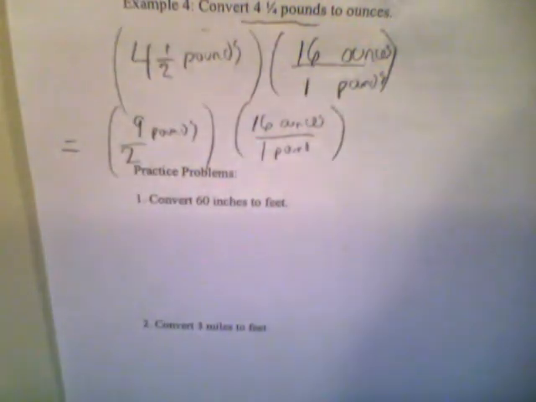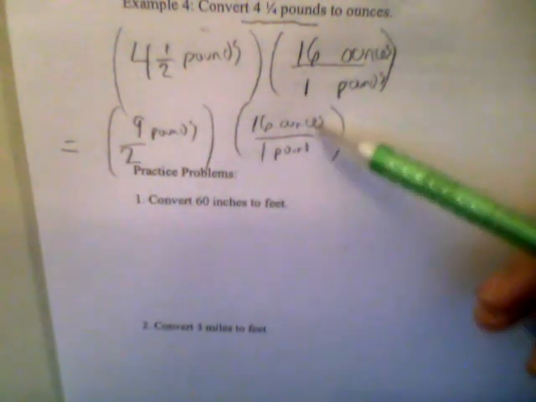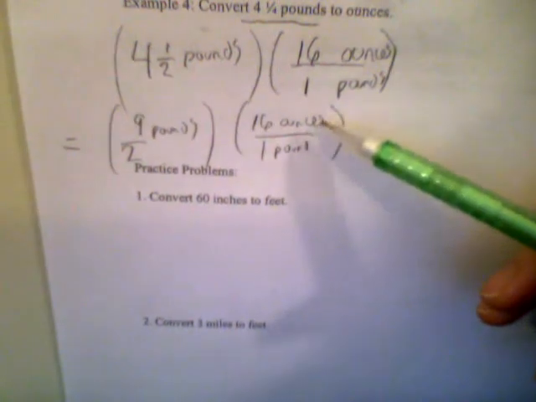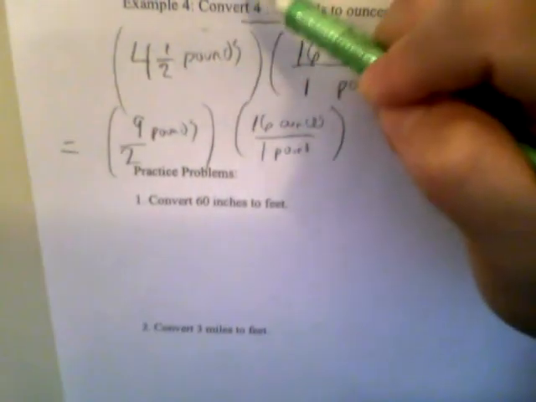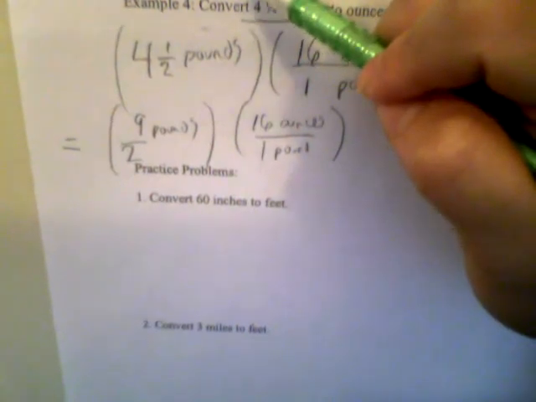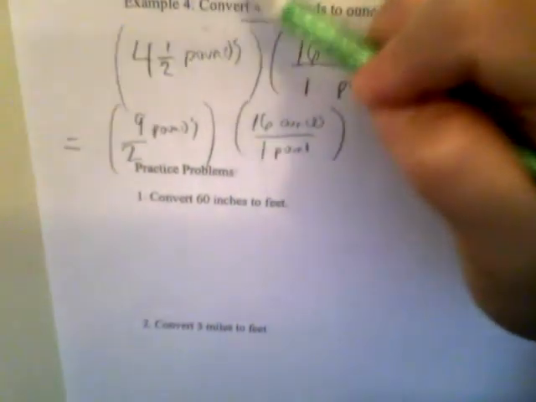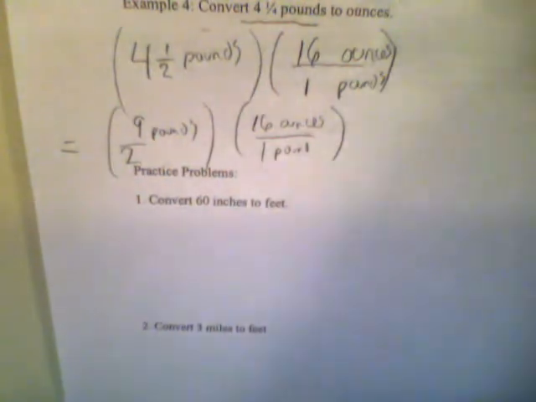Alright, my units of pound cancel out. It cancels out nicely. So now I'm just left with the unit of ounces. So in multiplying the numbers, I am multiplying 16 times 9. 16 times 9 is just 144.